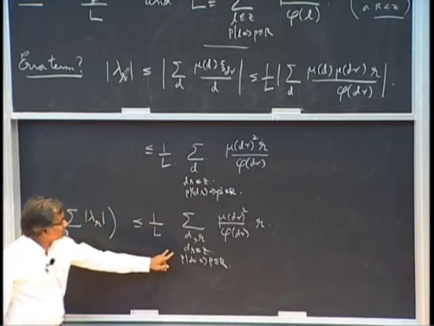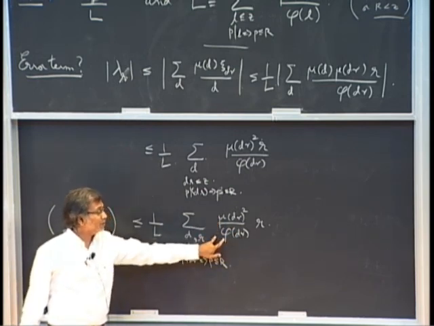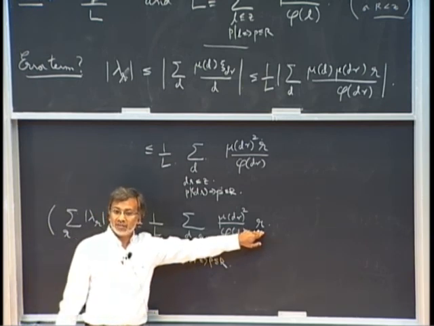So in other words, if I group terms according to dr equals some number n, I get mu of n squared over phi of n, and then a sum over the divisors of n of r.